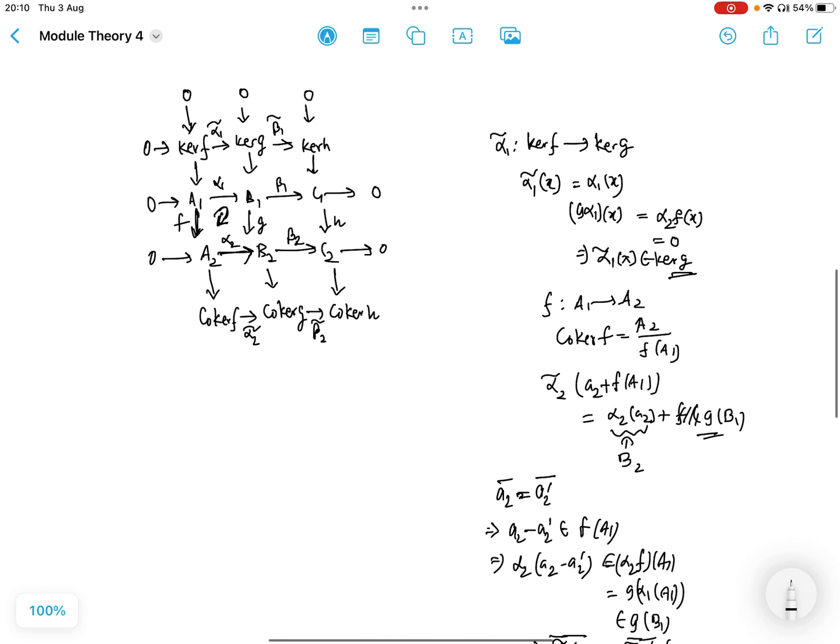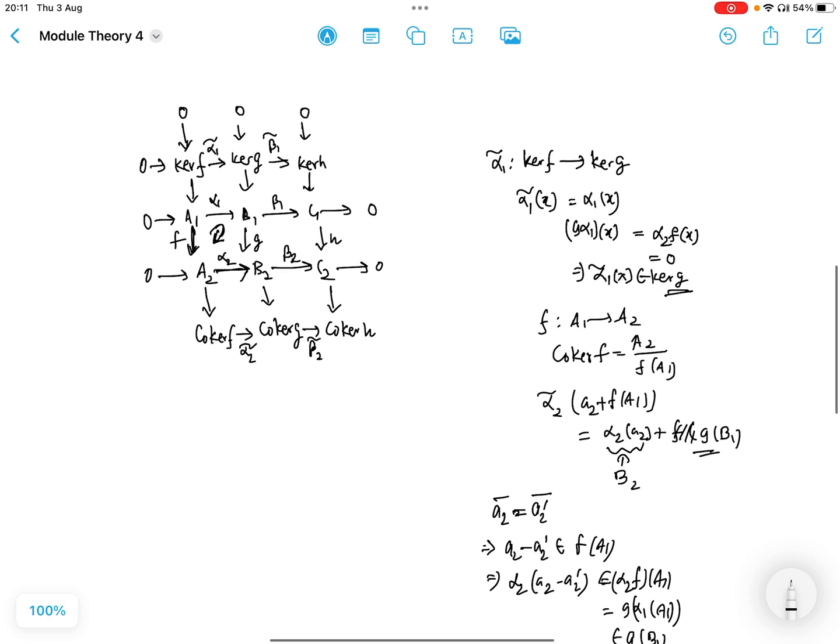And now my claim is that you have such a diagram where you have two short exact sequences. Let's call them row 1 and row 2. These are short exact sequences, and using the commutativity of those maps F, G, alpha i and beta i, H, we have managed to extend the top row, that is the first row, to produce another sequence.